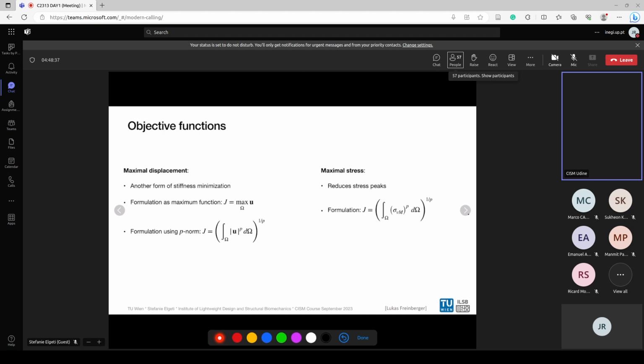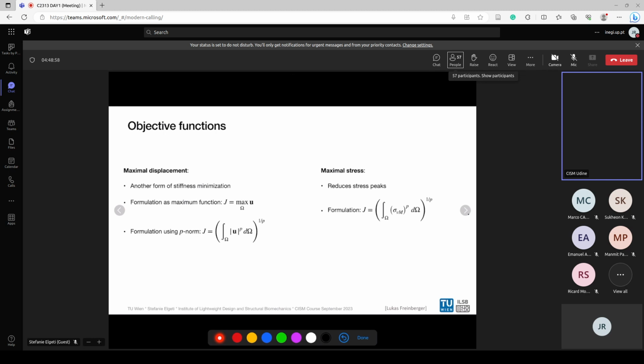And now this can be a bit dangerous for the optimization because the position of the maximal displacement will likely change during the optimization. So then we can have jumps in our objective function. Also, we cannot compute the derivative of this function. So this is not very convenient for us.